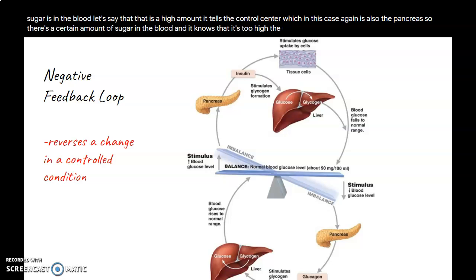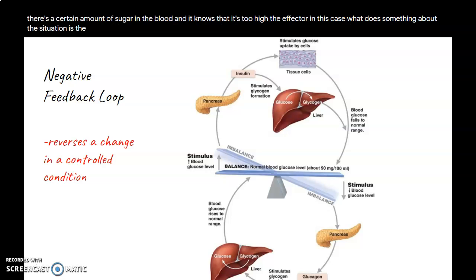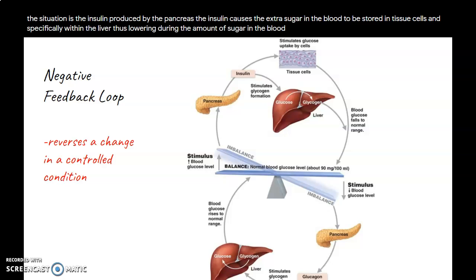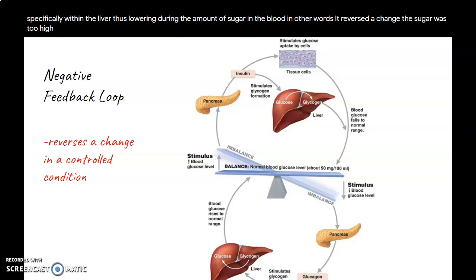The effector in this case, what does something about the situation, is the insulin produced by the pancreas. The insulin causes the extra sugar in the blood to be stored in tissue cells and specifically within the liver, thus lowering the amount of sugar in the blood. In other words, it reversed a change. The sugar was too high, so it reduced some of it.